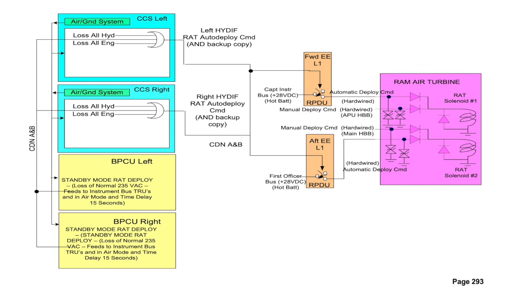CCS will place the RAT auto deploy command on the common data network for use by hydraulic systems and auto deploy function. And 200 milliseconds after the signal from the BPCU, hydraulic controllers will command the RAT to deploy. The main battery bus provides 28 volt DC at 4 amps for 3 to 5 seconds to power the RAT solenoid.